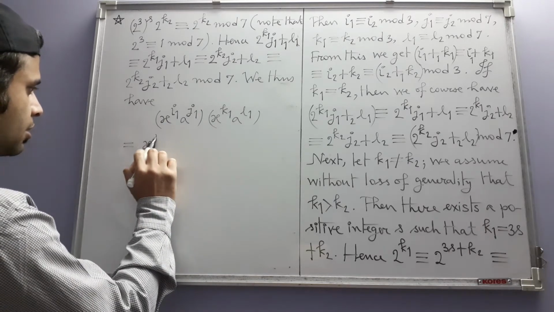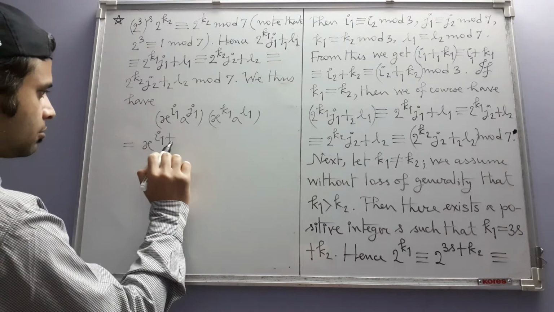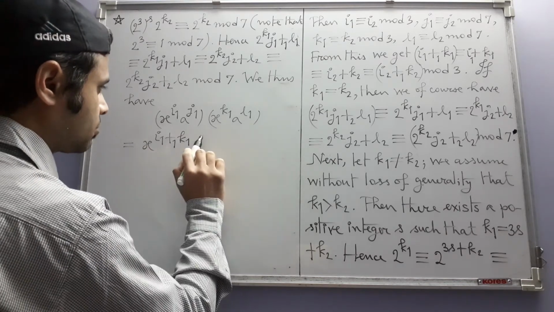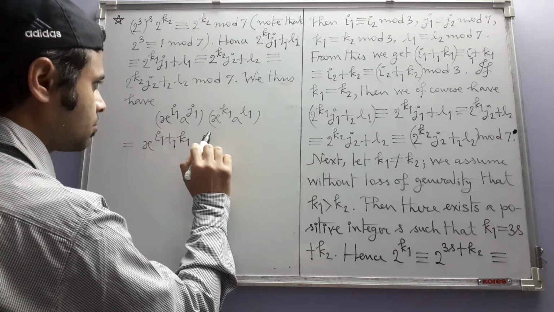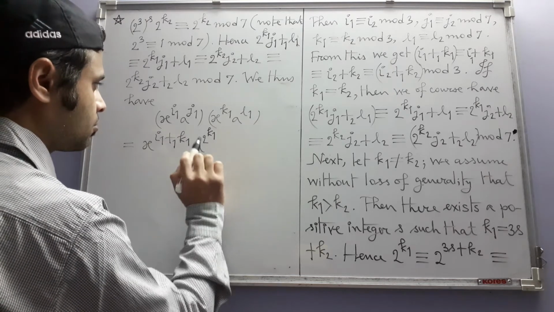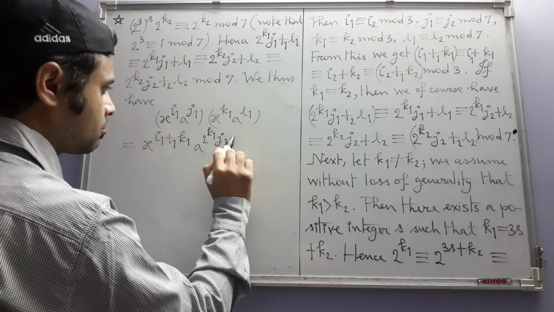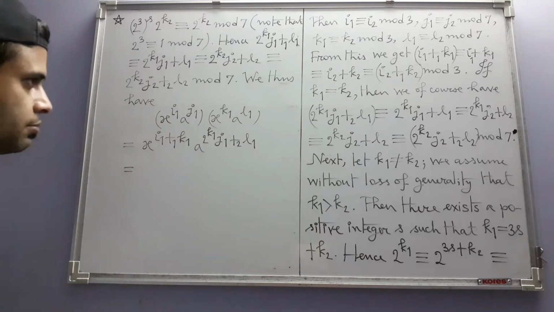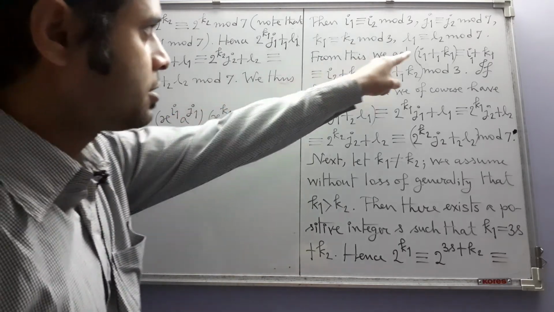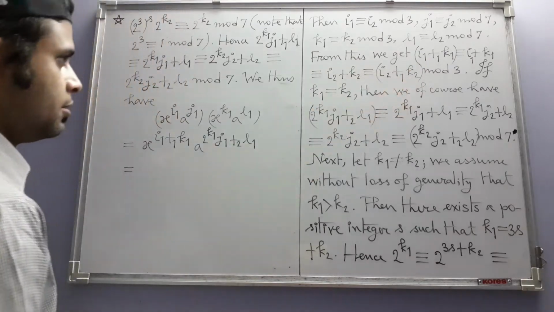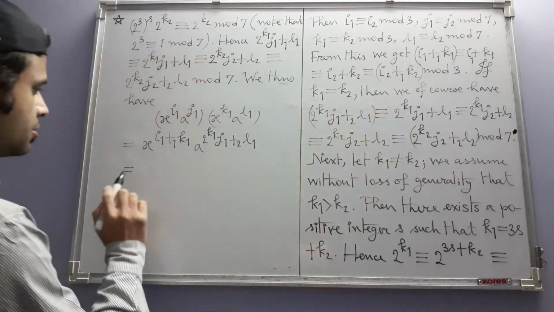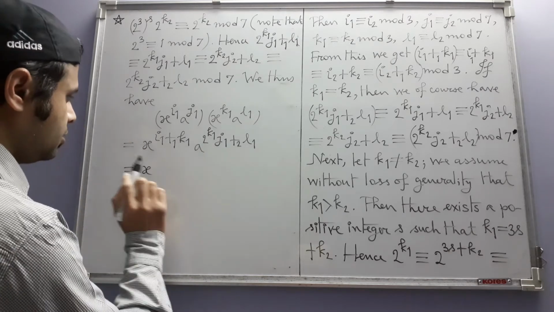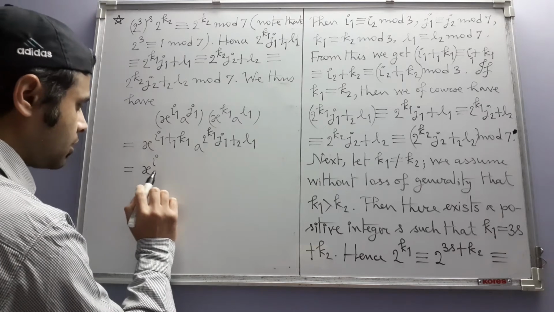By the definition of our operation, because this is congruent to this and this is congruent to this, this symbol is equal, according to the definition of equality on the set H, to this.